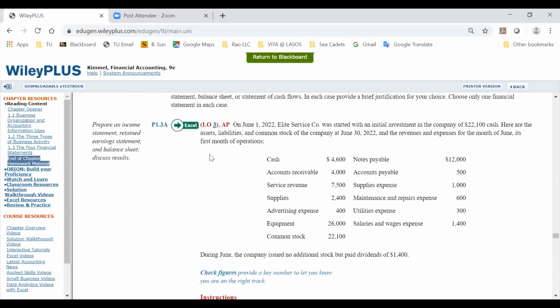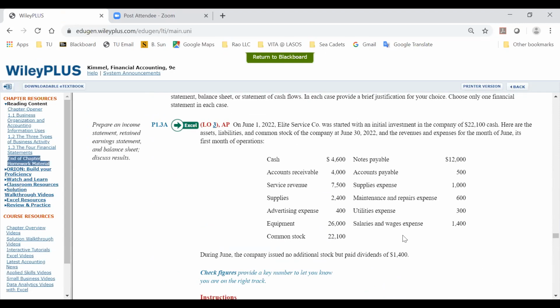Now, the reason I'm looking at this problem and not on Wiley Plus is when each of you access your textbook the way I did, all of you are going to see the exact same problem with the exact same numbers. And this is what I'm going to use to show you how I do the problem in Excel. When you log into Wiley Plus to do your assignment, every student is going to have different numbers.